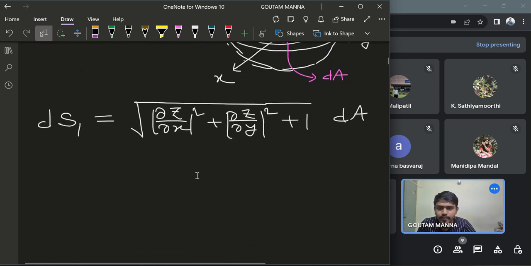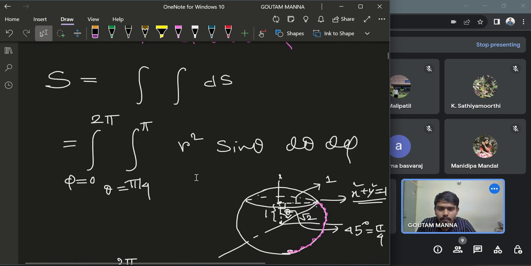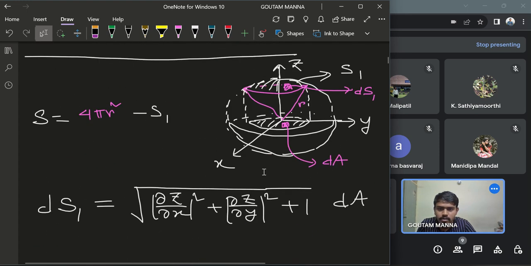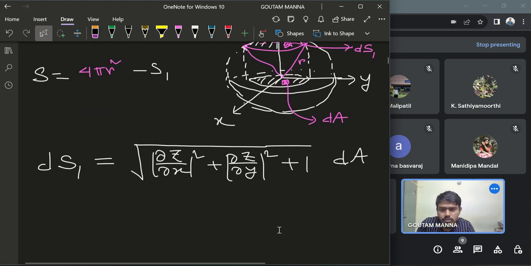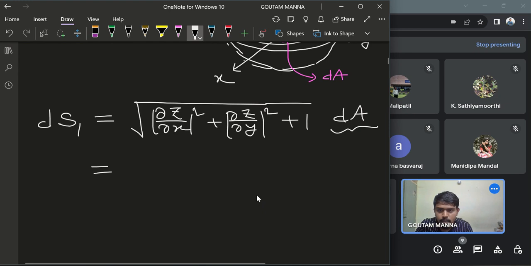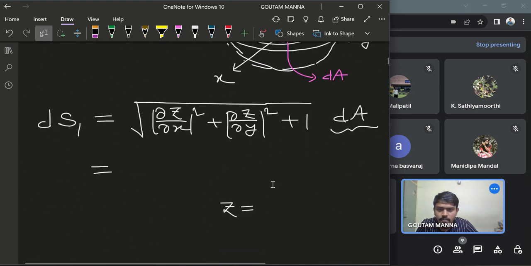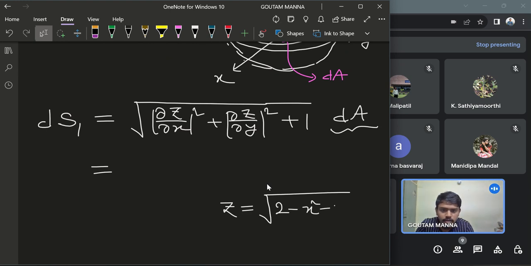Z is on the sphere, so z is root under 2 minus x square minus y square.